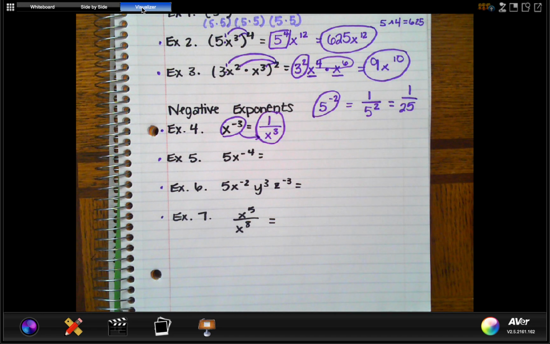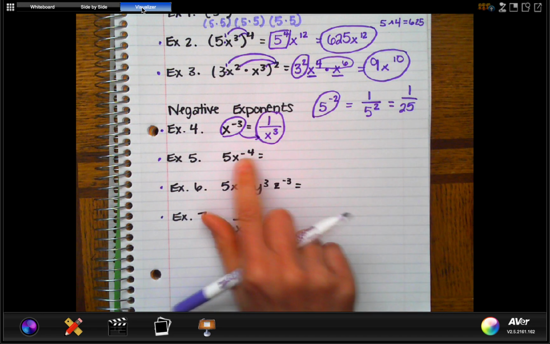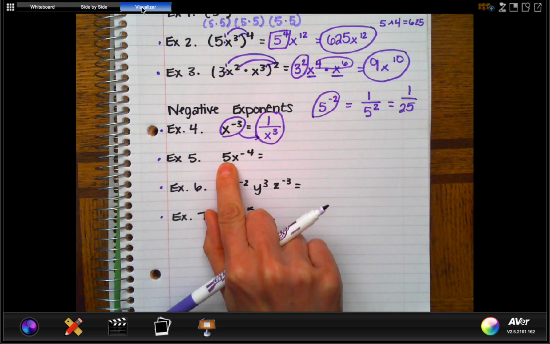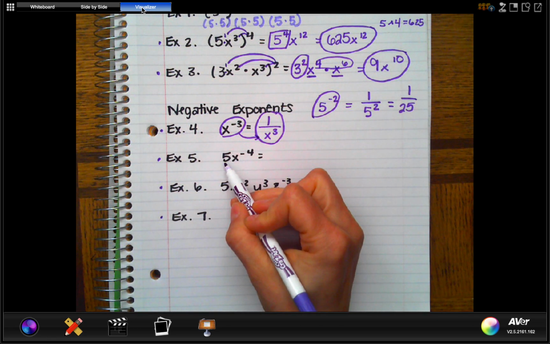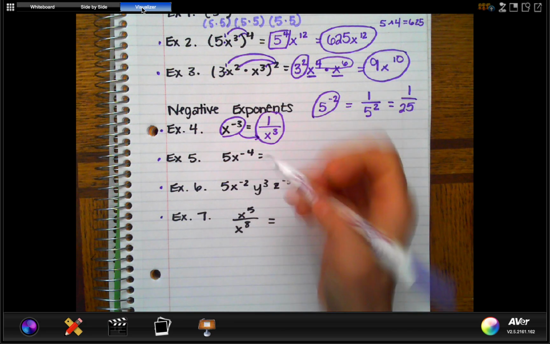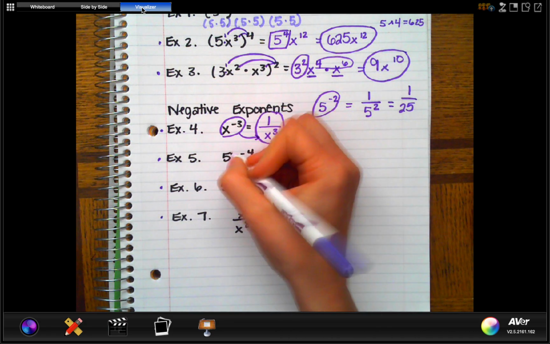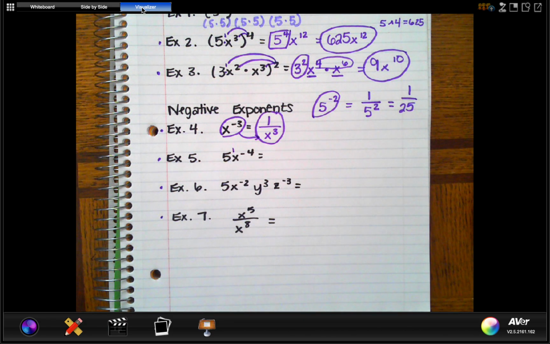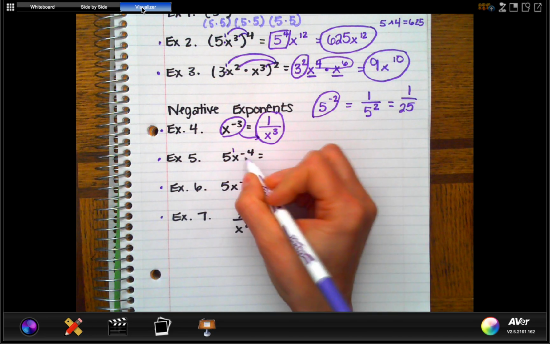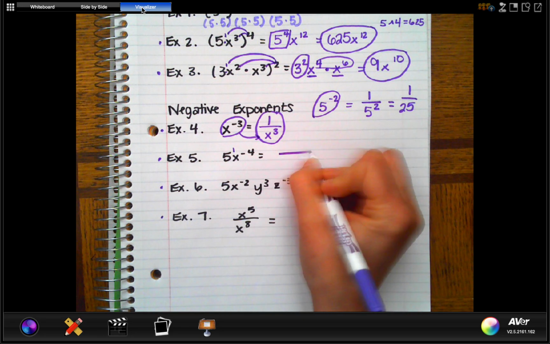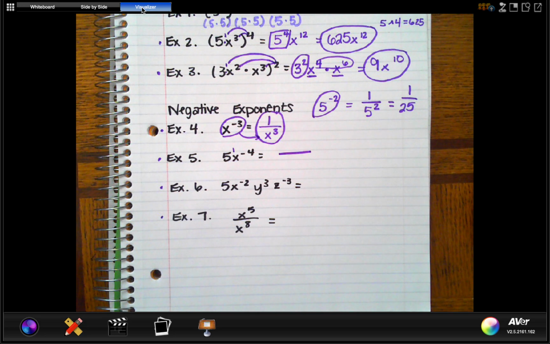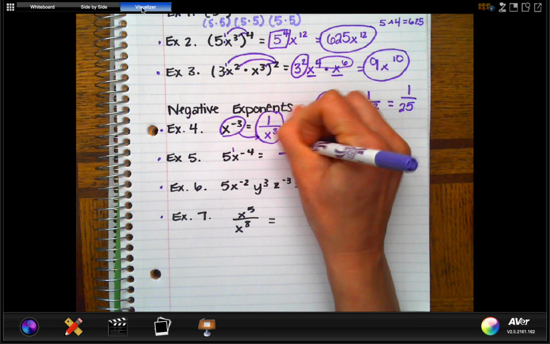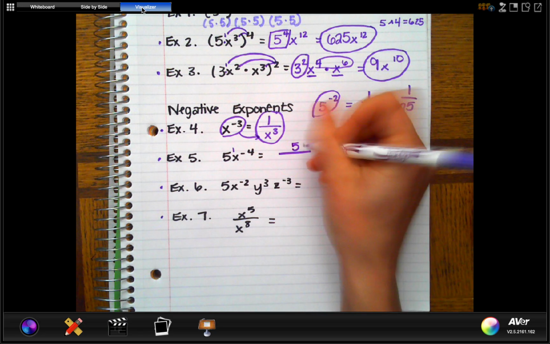Now, in example 5, we have more than one base. We have a base of 5 and we have a base of x. Technically, just like above, there is a hidden 1 on this 5, and that's positive. Because we have a negative 4, right away we're going to make a fraction. 5 to the positive 1 is going to float to the top because it is positive.